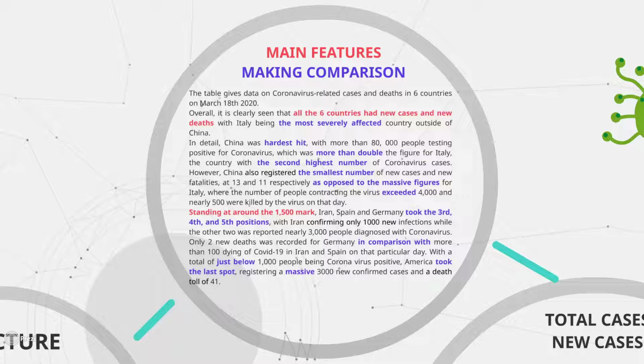Only 2 new deaths were recorded for Germany in comparison with more than 100 dying of COVID-19 in Iran and Spain on that particular day, with a total of just below 1,000 people being coronavirus positive. America took the last spot, registering a massive 3,000 new confirmed cases and a death toll of 41.